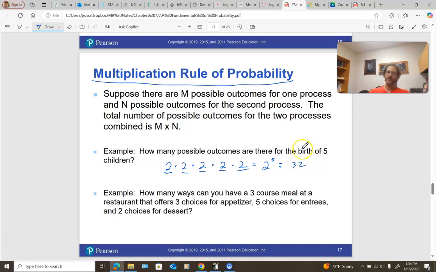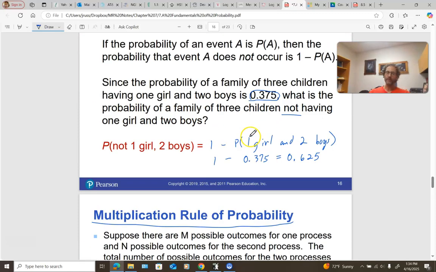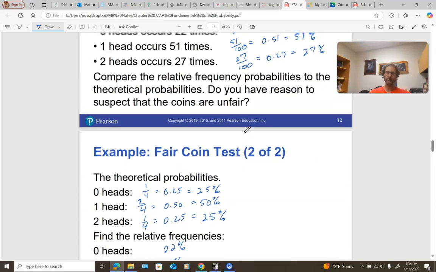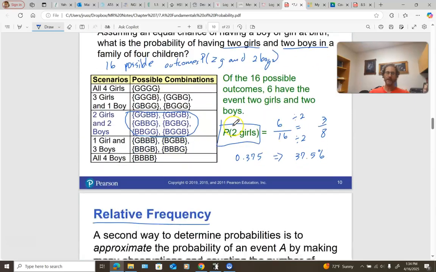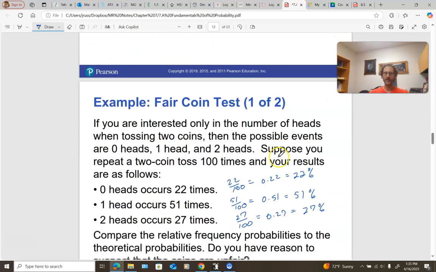Think about that family of 4 back up here. If you remember that, the family of 4, there were a total of 16 outcomes. Well, that's because 2 times 2 times 2 times 2, 4 times, is 16. And that's the way it continues, guys.